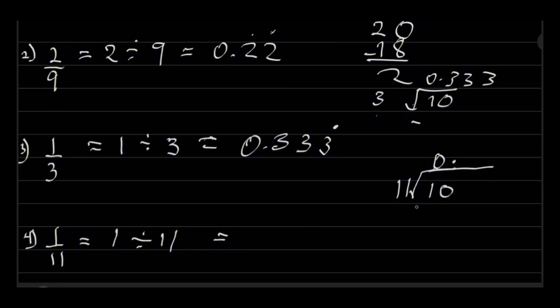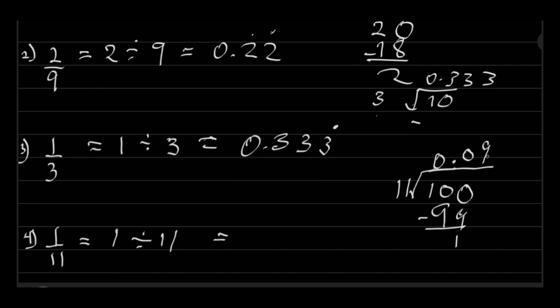Now since 11 still cannot divide 10, we'll have to introduce one more 0 here. Then we do our division. Now 11 will go into 100 9 times. 9 times 11 is 99. Doing our subtraction, we are going to have 1.